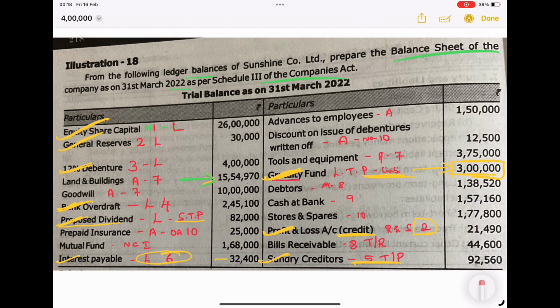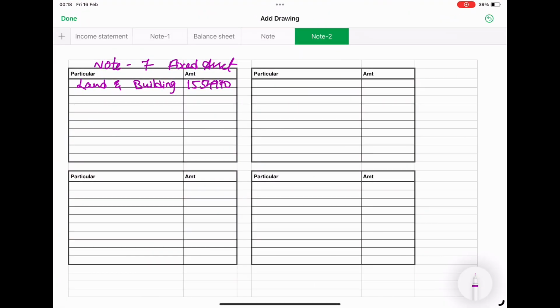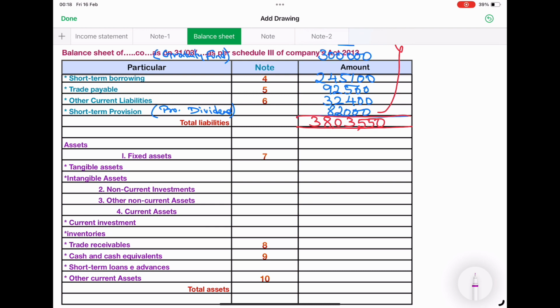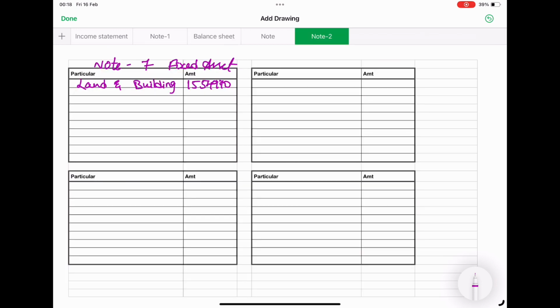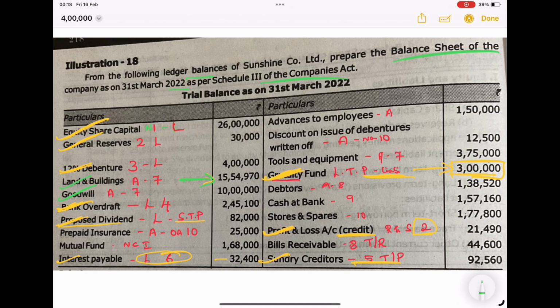Goodwill 10 lakh, or else we can write intangible assets directly here. So tangible, intangible we are having, right? So intangible we can write it as 10 lakh. Okay, I'll add only the tangible assets. Mutual funds is my investment. You should know the difference between investment and asset, guys.